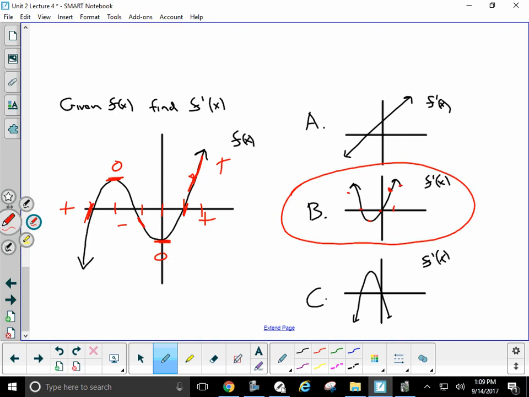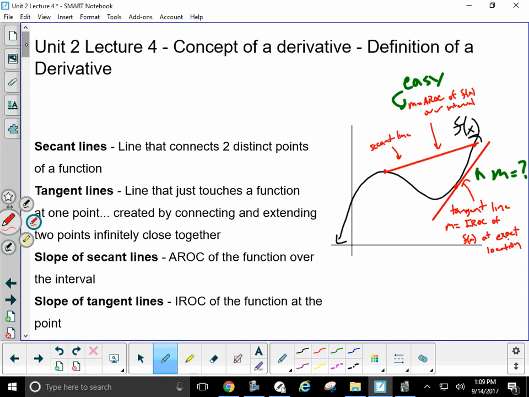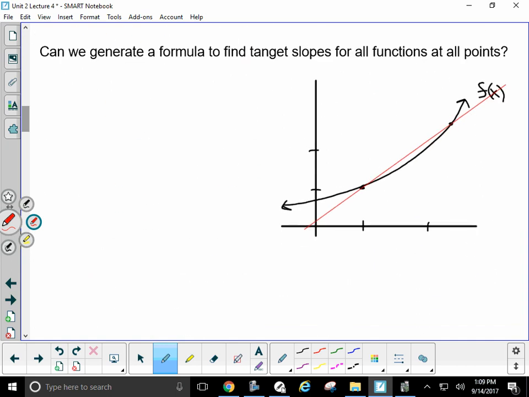Okay? Let's go ahead and find this way to find these tangent slope equations, not tangent slopes, for all functions at all points.